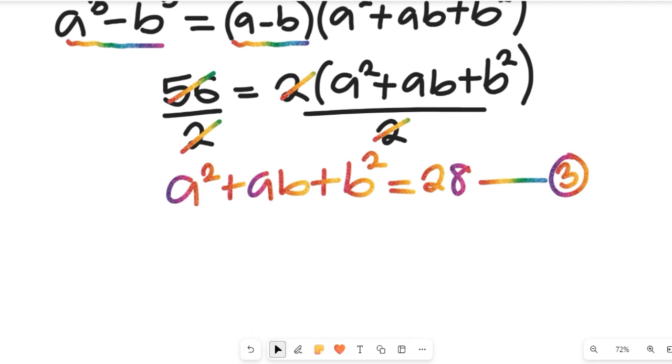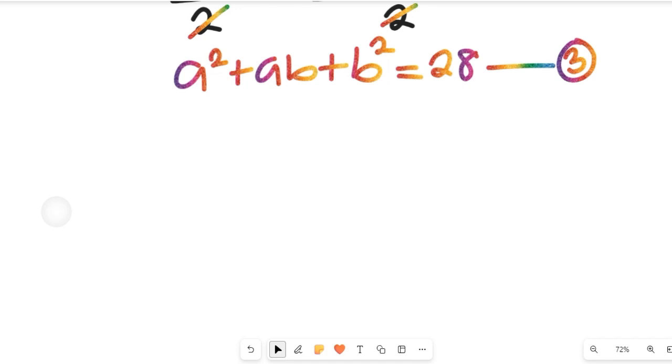Great. Now I want us to look at this expression as equation 3, and let's come up with another case.